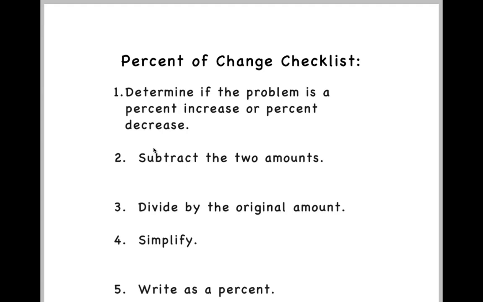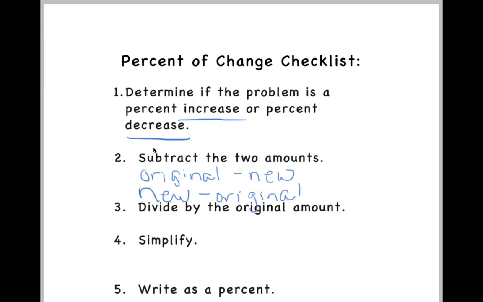First, look at the problem and determine whether it is a percent of increase or a percent of decrease. Subtract the two amounts. New minus original is a percent of increase. Original minus new is a percent of decrease.